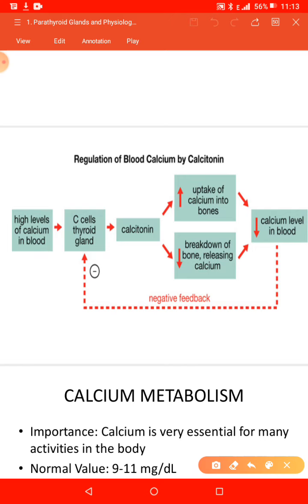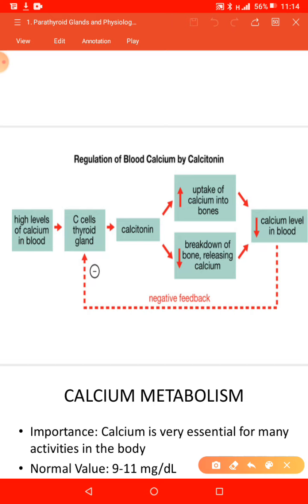On the intestine, it prevents absorption of calcium into blood, but we saw that PTH favors the absorption of calcium. On the kidney, calcitonin increases excretion of calcium through urine by inhibiting reabsorption from the renal tubules. But PTH increases reabsorption of calcium. So it's just the opposite.